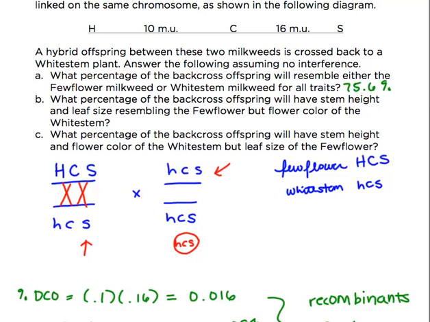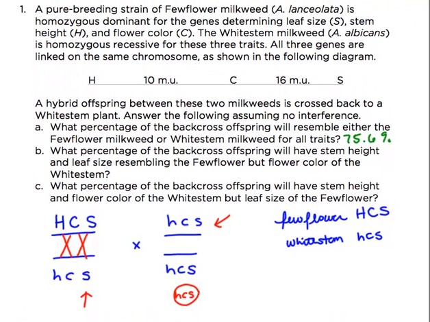Okay. For part B, it's asking what percentage of the backcross offspring will have stem height and leaf size resembling the few flower, but flower color of the white stem. So remember that flower color is designated as gene C. So it's asking which will resemble height and leaf size of the few flower, which is dominant.